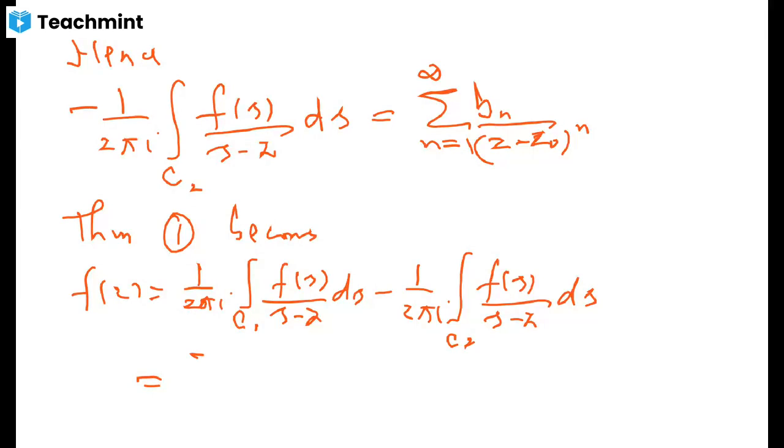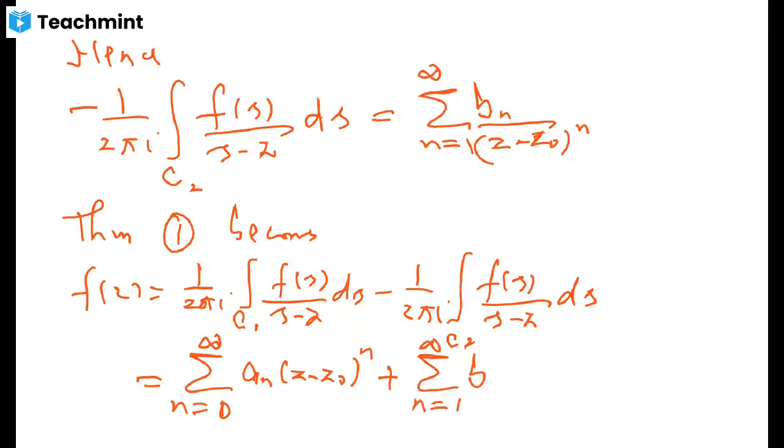For the first integral, you have n equal to 0 to infinity, a n times all the positive powers of z minus z naught. In the second part, where n is from 1 to infinity, it is b n upon z minus z naught to the power n, and this is true for every z in this annular region between R1 and R2. This is the Laurent series expansion of this f of z.